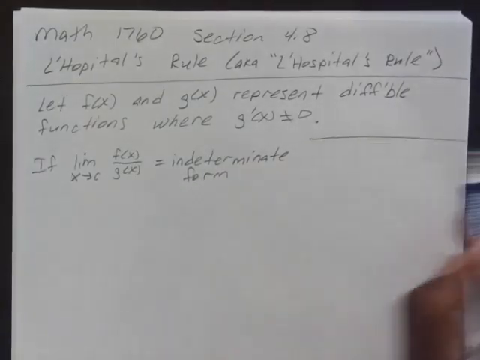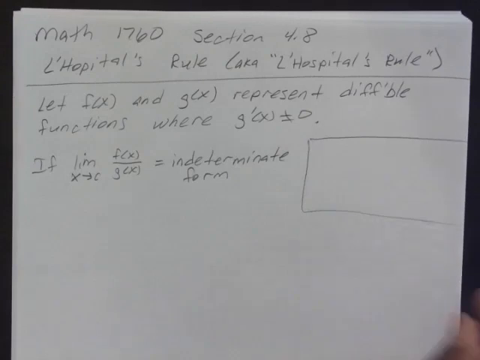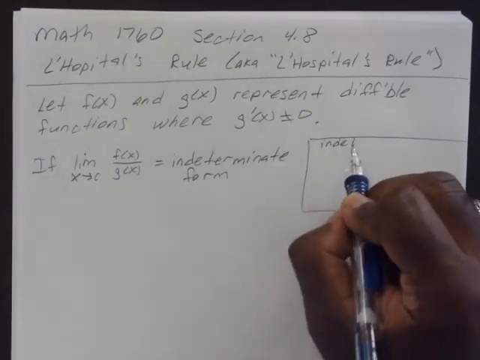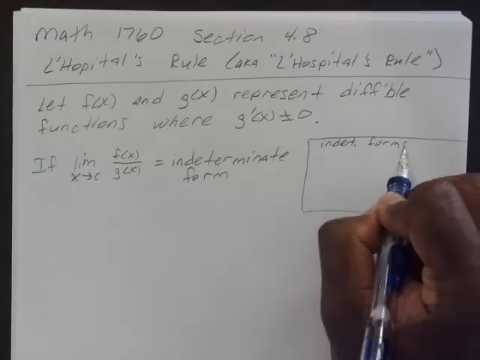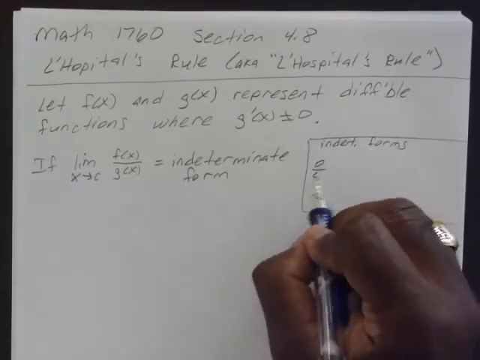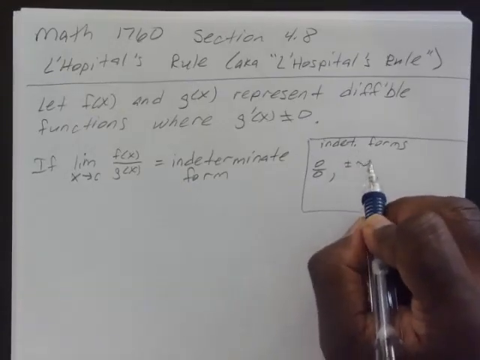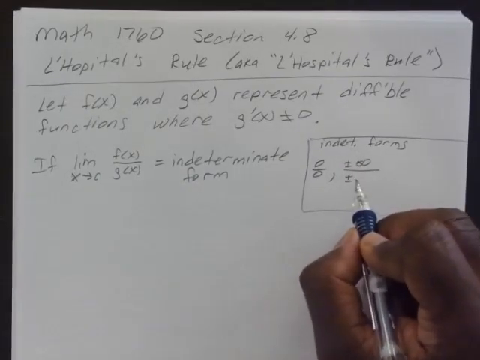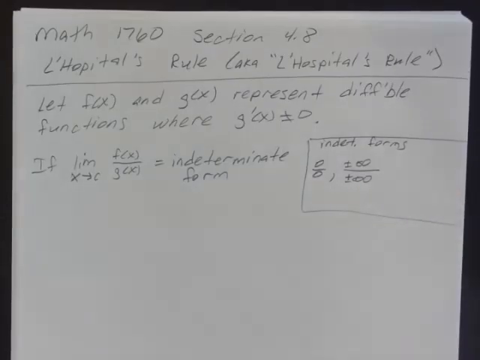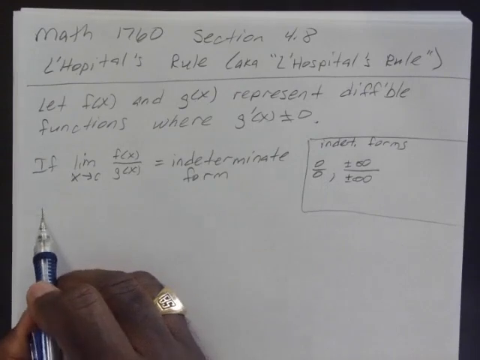and those indeterminate forms, there are a couple of them. It could be 0 over 0, or any combination of positive or negative infinity divided by positive or negative infinity. It could be positive infinity divided by negative infinity, or negative infinity divided by positive infinity, any combination. And it equals that through direct substitution.